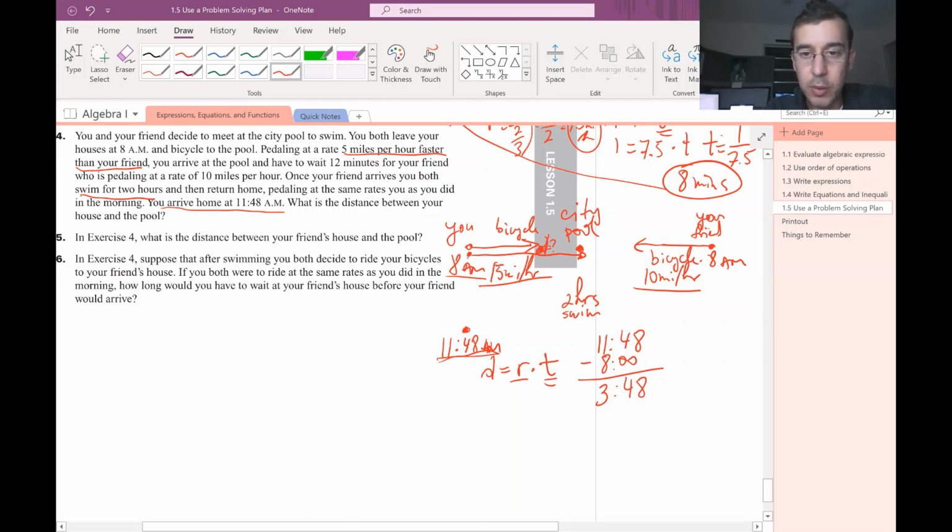So it took us to go to the city pool and come back, but within that time we have the 2 hours that we were swimming, we weren't bicycling, right? We have to subtract the swimming time, so that's 3 hours and 48 minutes minus 2 hours swimming, so that's 1 hour and 48 minutes.